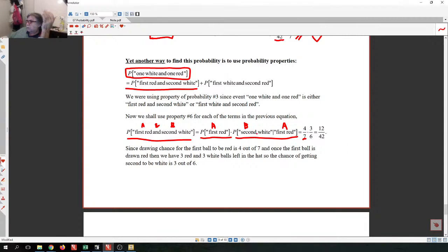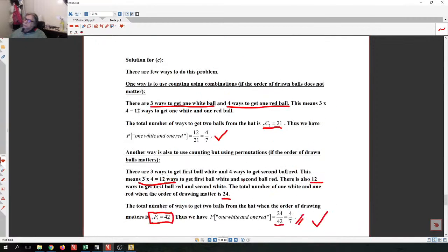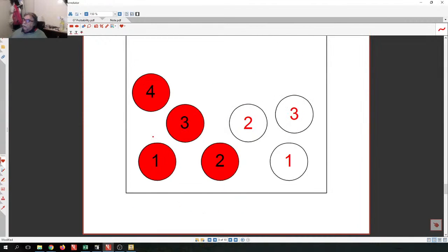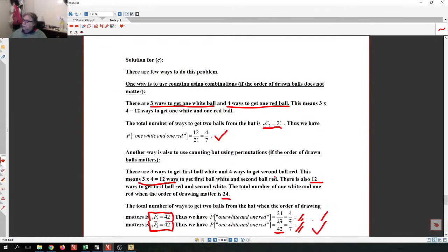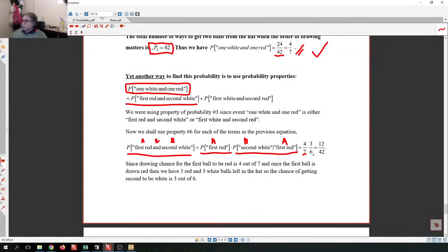That's the first probability. The second probability: once you have the first red, what's the chance you're going to have a second white? If the first red is out, one of the red is out, you have 3 red left and 3 white left. So it's 3 out of 6, or 1 out of 2 if you like. So the first probability is 4 out of 7. The second probability is 3 out of 6.